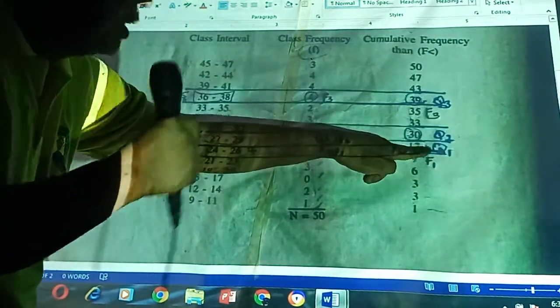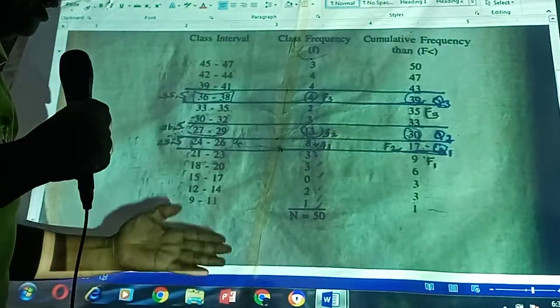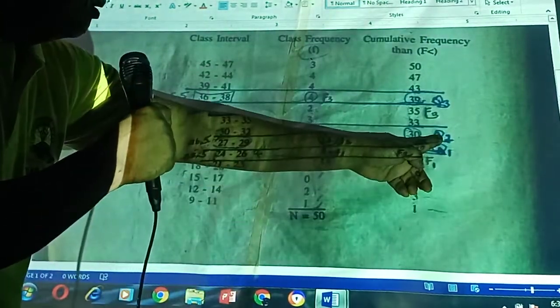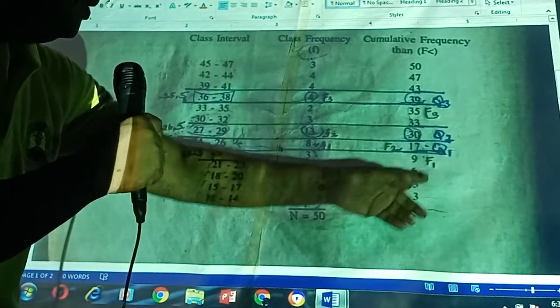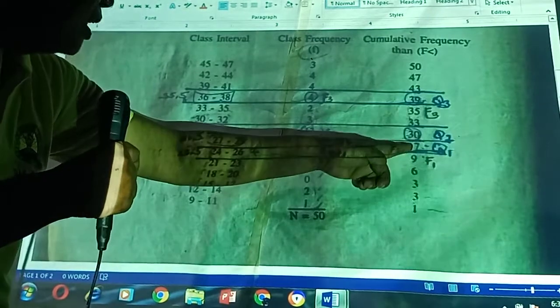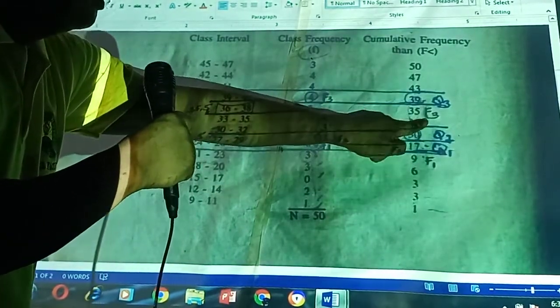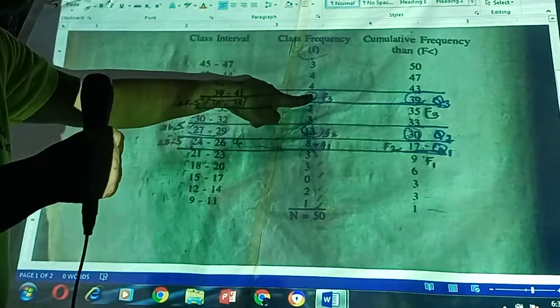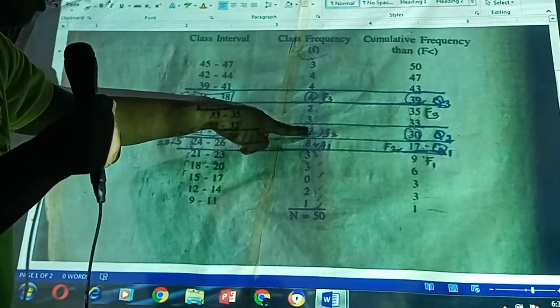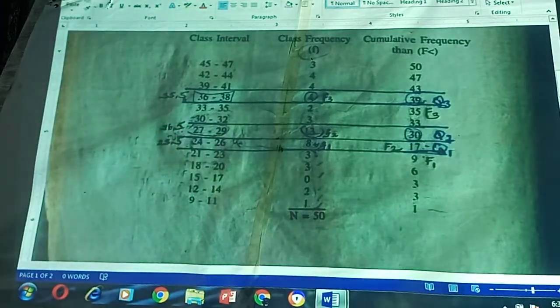Below that is your Q1, and counting 1, 2, 3 gives your Q3. You know already what F1 is, the cumulative frequency preceding Q1, and F3 preceding Q3, which is 35, then the frequencies.